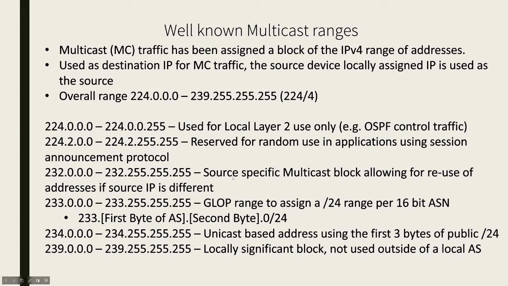Now one or two that are very specific is the source specific multicast group, and that allows us to effectively specify a source IP address that is linked to the multicast address or group that we are interested in. That allows us to specify a specific source address of traffic where we are expecting multicast to be sourced from.